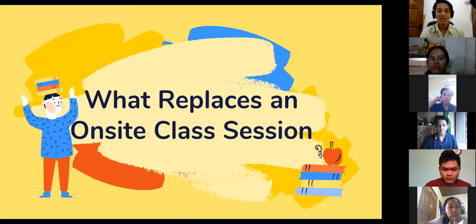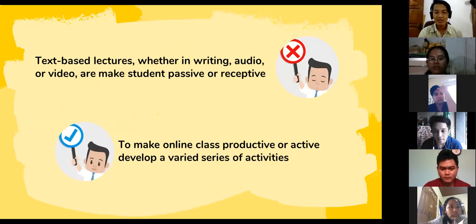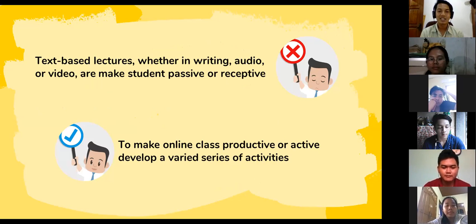The first topic that we would like to discuss today is what replaces an online class session. Next slide, please. In this topic, we will talk about how the teacher replaces the on-site class session with an online lesson.